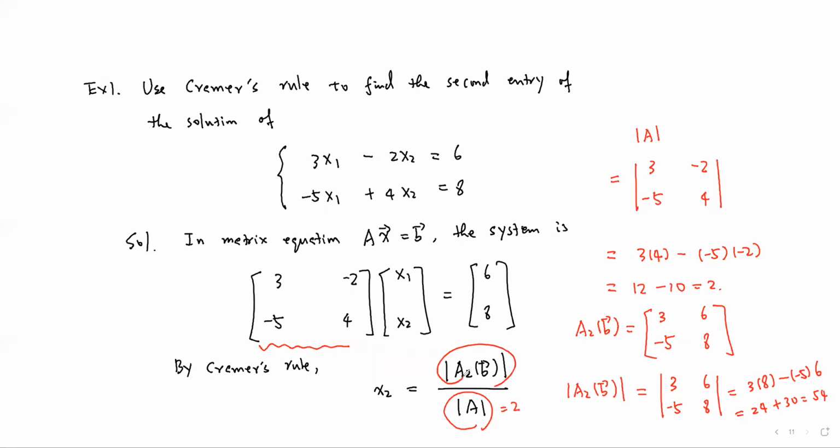So this number is 54. 54 divided by 2 is 27. So the answer is the second entry of the solution of this linear system is 27. Yeah, this is Cramer's rule.